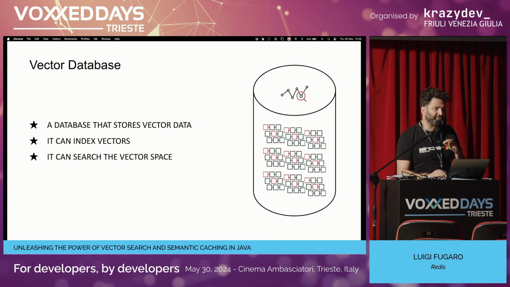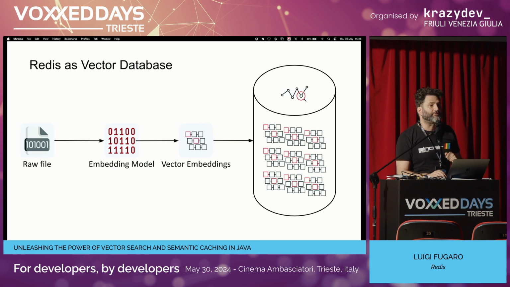And this is where Redis comes in as a vector database. The flow to interact with Redis as a vector database is the same. I have inputs, I apply that input to a model, which transforms the input to vector embeddings, and then I store those vector embeddings inside the database.